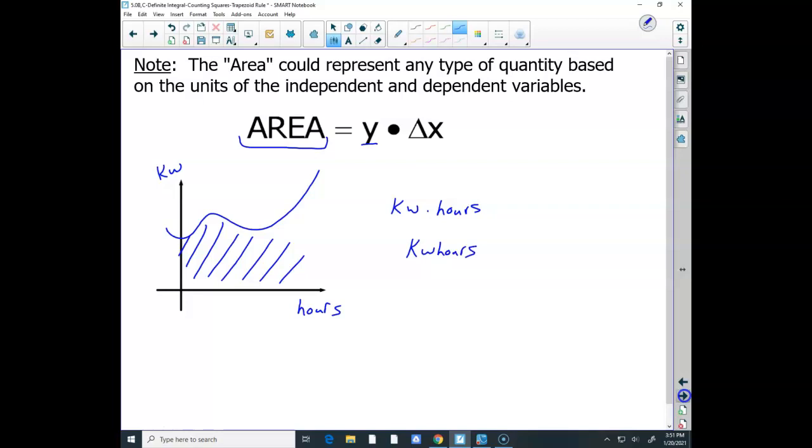Okay? And kilowatt hours are how they explain your bills. It's kind of a goofy thing, but that's actually how the electric company sells electricity to your house. And there's numerous different examples that we can use to accumulate area underneath this curve.